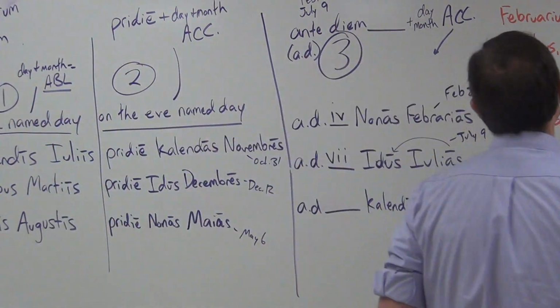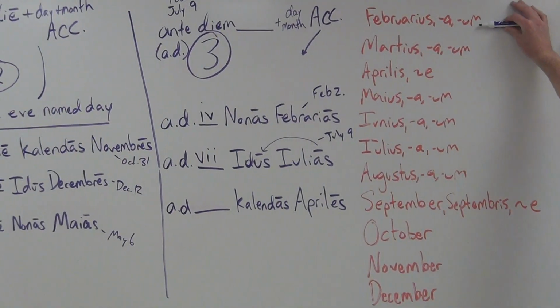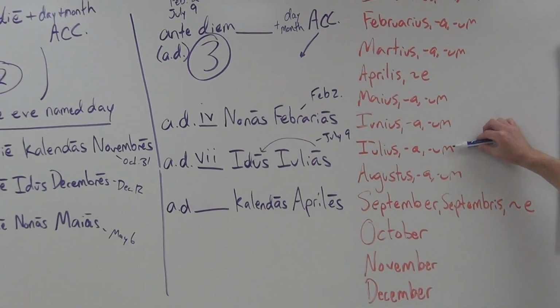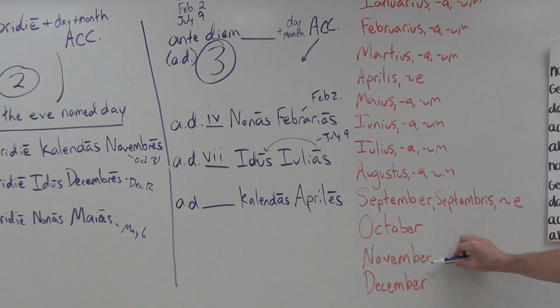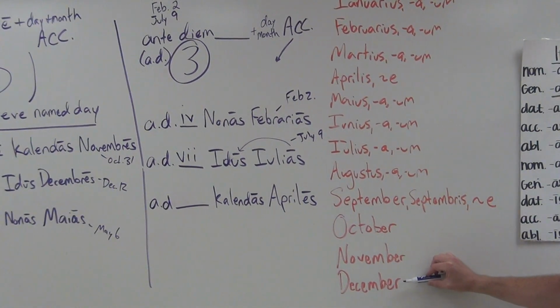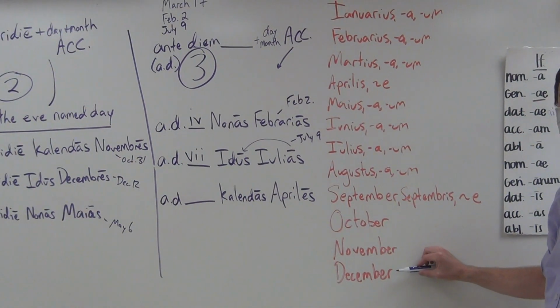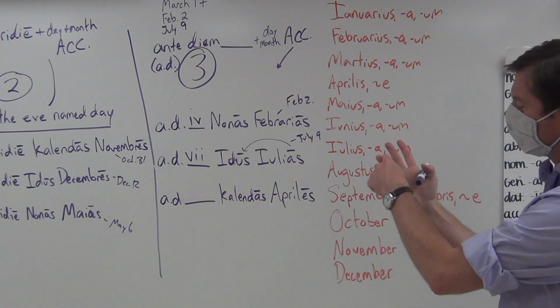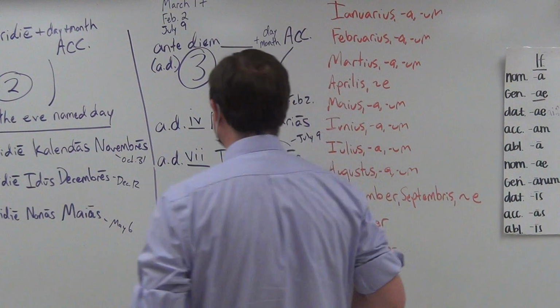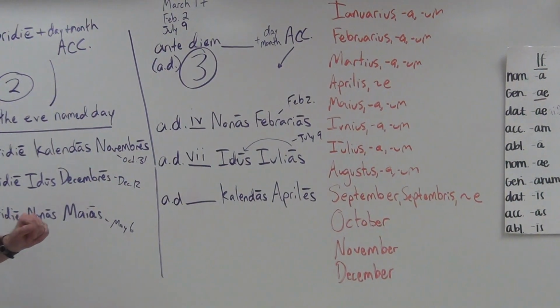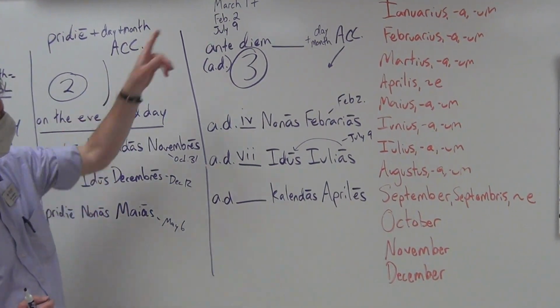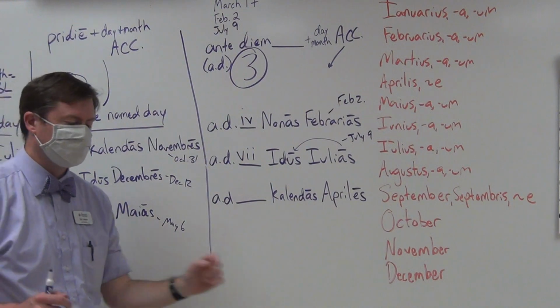Just to review, 31, 28 or 29, 31, 30, 31, 30, 31, 31, 30, 31, 30, and 31. It's convenient to remember how many days are in a particular month. Just memorize it. There's no need for this sort of nonsense. You just memorize stuff. Nevertheless, here we're going to count inclusively, starting on the 17th.